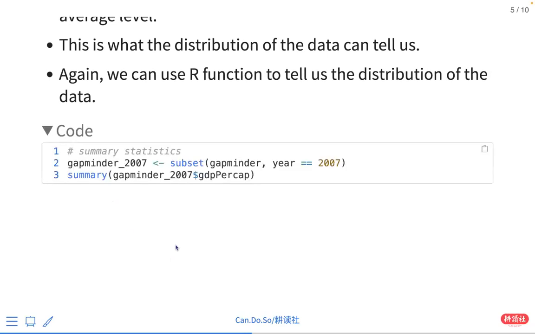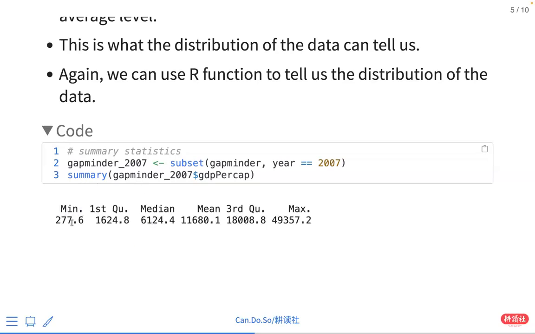In previous lessons we have covered some functions; here we can review them. Summary will tell us the minimum, maximum, first quarter, median, mean, and the third quarter. Minimum and maximum are easy to understand.